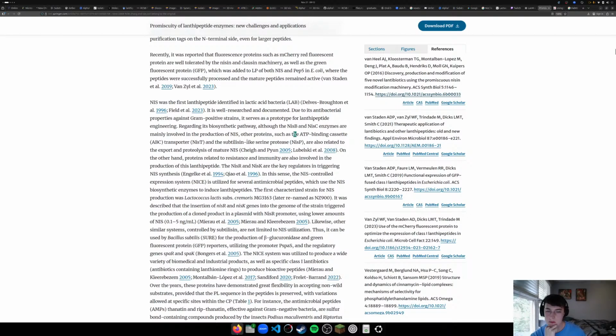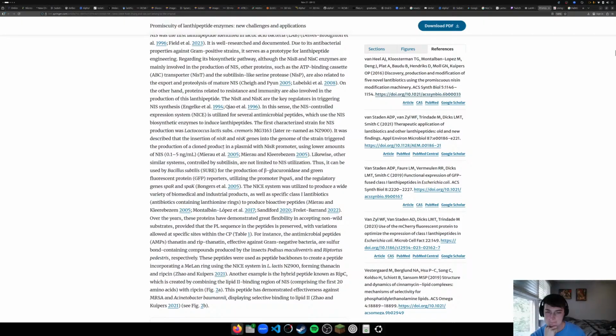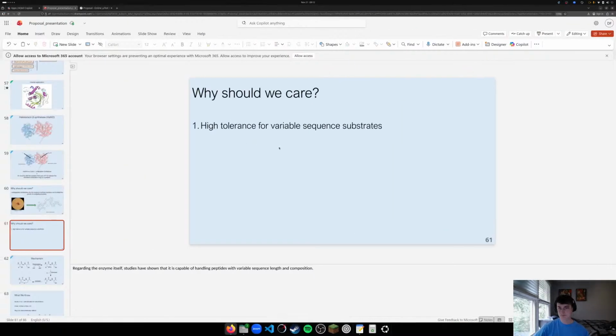so the assumption is that the enzymes are capable of handling peptides with variable sequence length and composition.